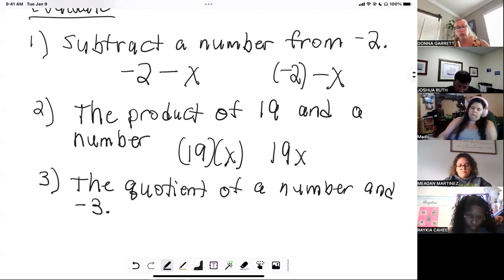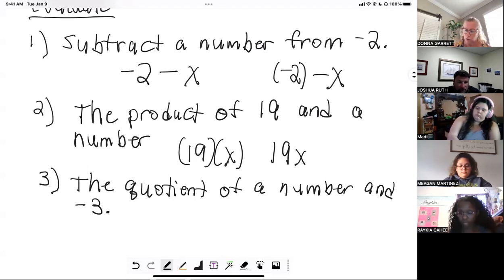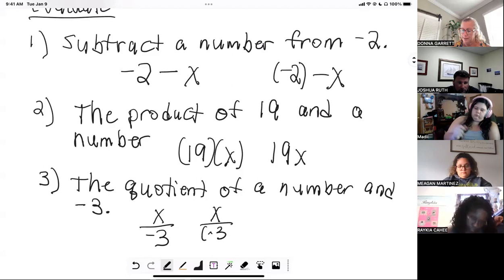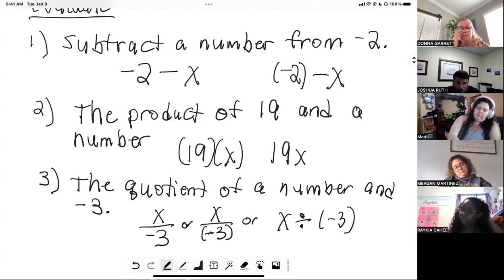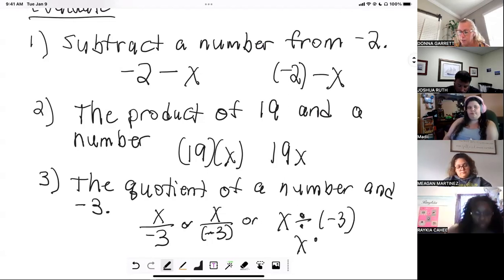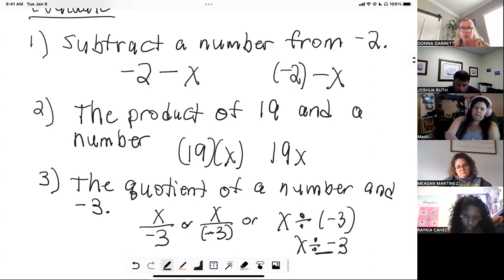Now, Josh's question is really good. I'm going to show you why I would use parentheses on one way I'm going to write this. You could write quotient of a number and -3 with parentheses, or, if I wrote it this way, I would 100% use parentheses just to keep it separate from the divide sign. There's nothing wrong with X divided by -3, but it looks weird when you have a divide and a negative next to each other. So usually you're going to see it in parentheses.